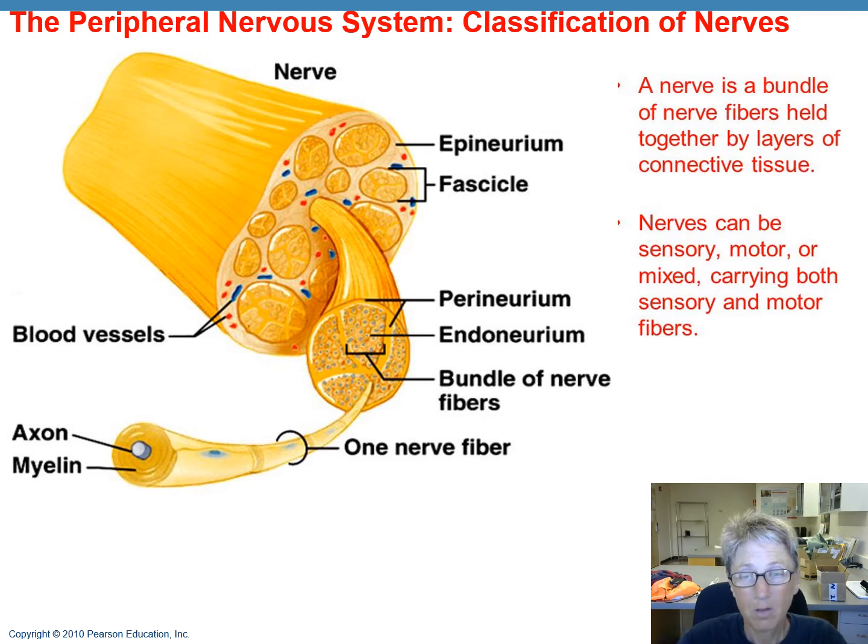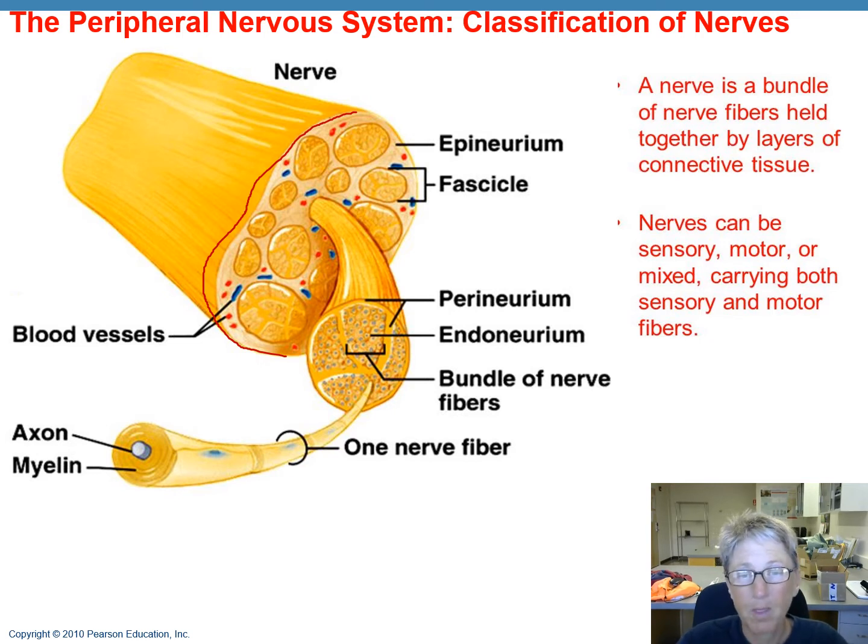Now, here's a new piece of information. Nerves can be sensory, motor, or mixed, carrying both sensory and motor fibers. So, for example, if this was a cartoon of a purely motor nerve, all these axons would be lower motor neurons traveling to a skeletal muscle.